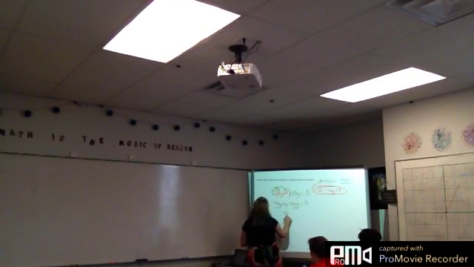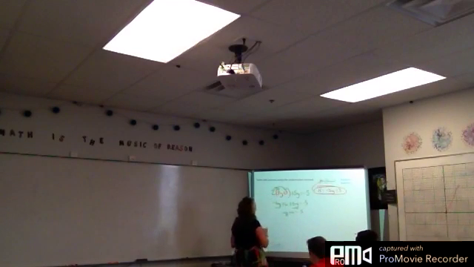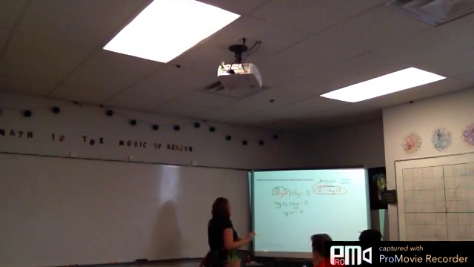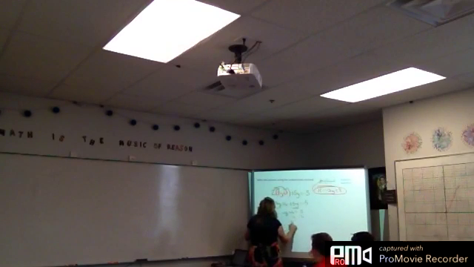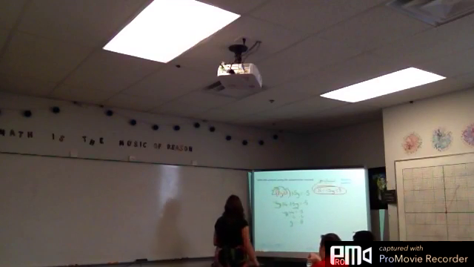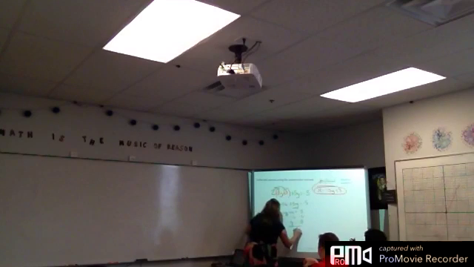So I have negative y plus 6 equals negative 5. Now what? Subtract 6. Good. Negative y equals negative 11. Now what? Divide by negative 1, and y equals 11.